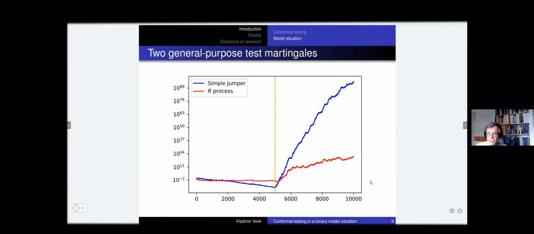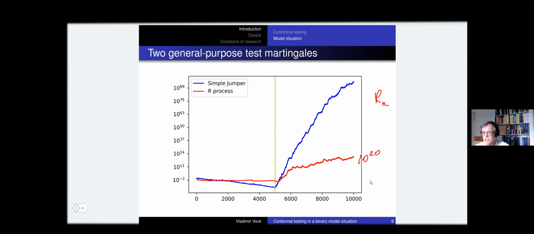Each of these martingales becomes astronomically rich when gambling against the IID assumption in the model situation considered in this paper. The same model situation will be considered in this talk. I will describe it in a minute. So they can achieve something like 10 to the 20. It's important that Rn is not designed for this model situation.